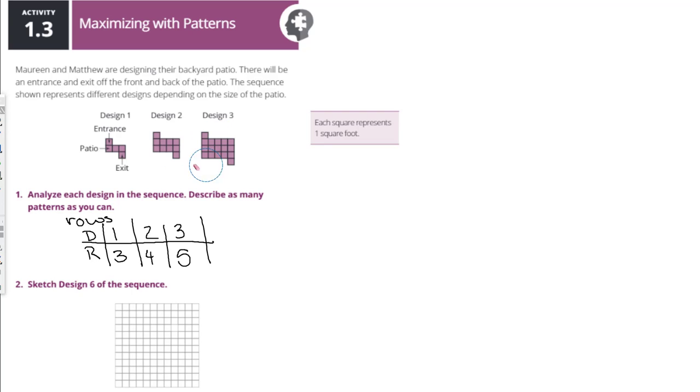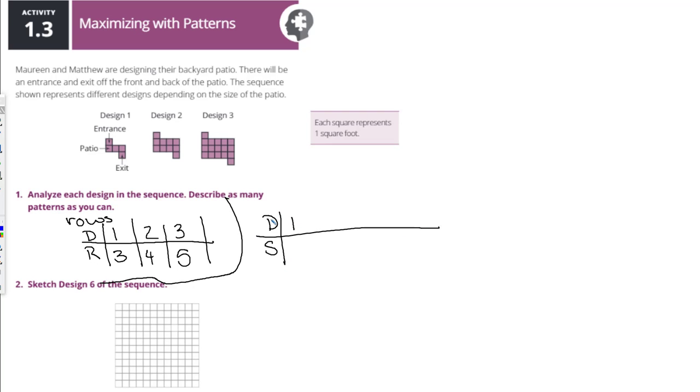So let's look at it another way. And so we're basically looking to see how many different patterns can we come up with. The number of squares each row in the patio increases by. So here we're looking at the design and squares.